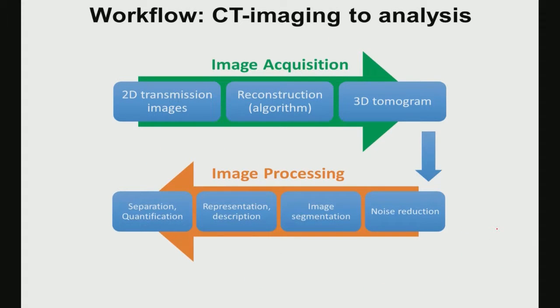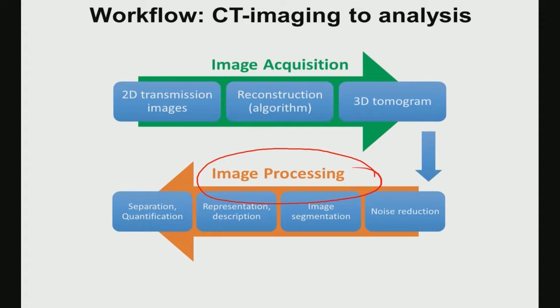One important thing that I must highlight in micro CT is that image acquisition is not that difficult. The only thing you have to play around with is the typical accelerating voltage, the resolution that you want, and so on. What is much more difficult, and I have put it in a different color, is image processing.